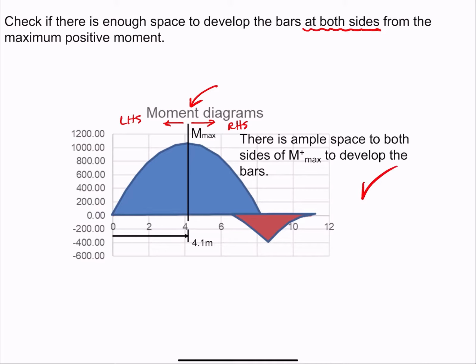We do the development check and we do the curtailment. Remember, it's part of the same problem.